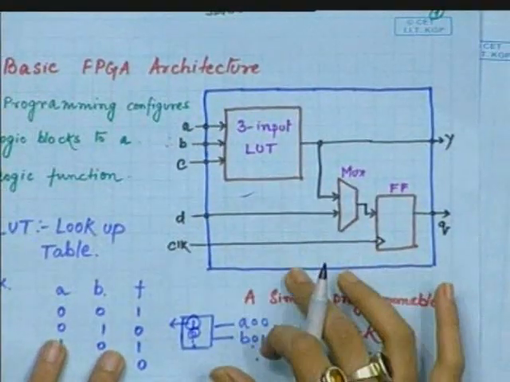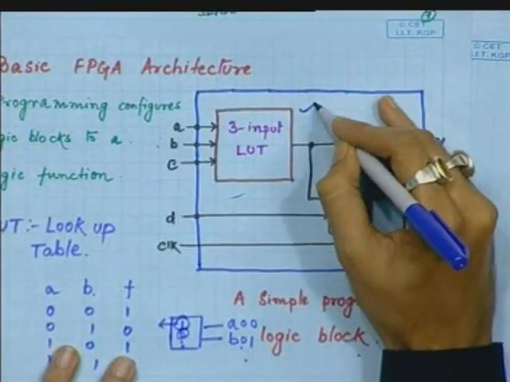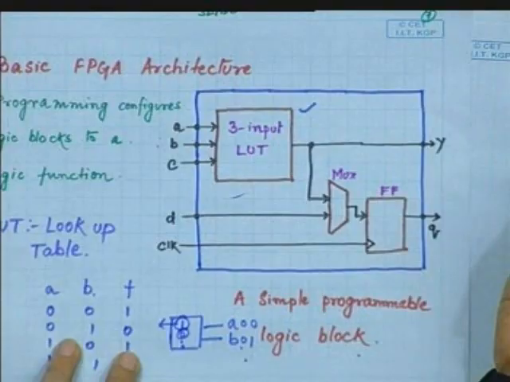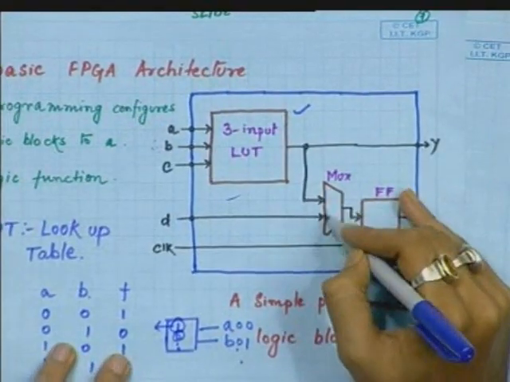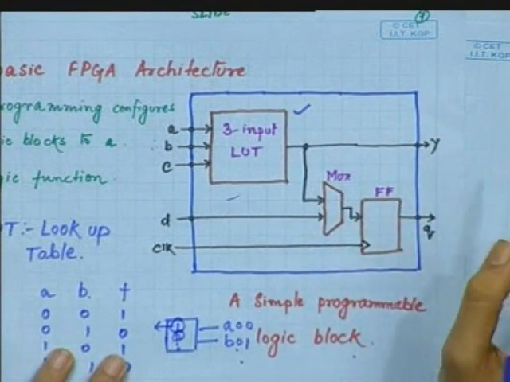Now, a basic FPGA combinational block consists of a lookup table. We have shown here a 3 input, which generally is actually 4 input. There is a mux and there is a storage element.